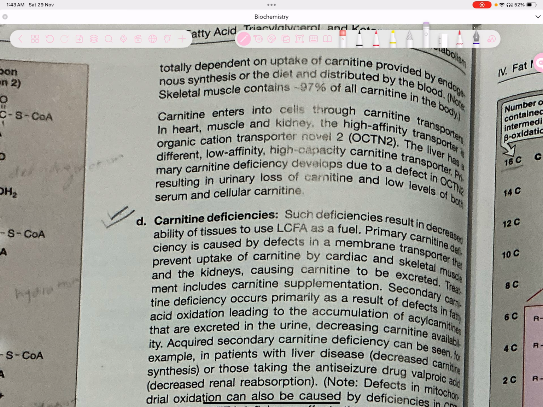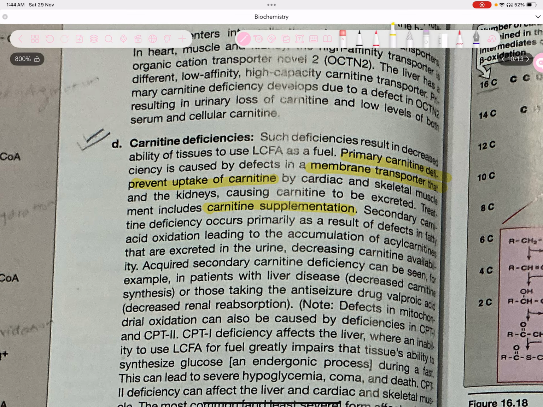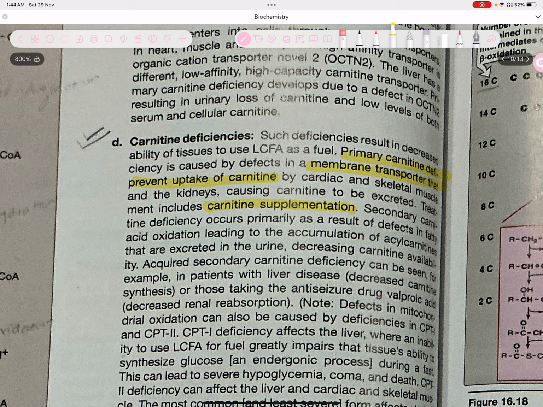And what is the solution for it? What is its treatment? So primary carnitine deficiency is caused by defects in a membrane transporter protein that prevents the uptake of carnitine. If your body is unable to take up carnitine, what are you going to do? The treatment is carnitine supplementation. There's nothing you can do other than giving even more carnitine to your body so that at least something happens.